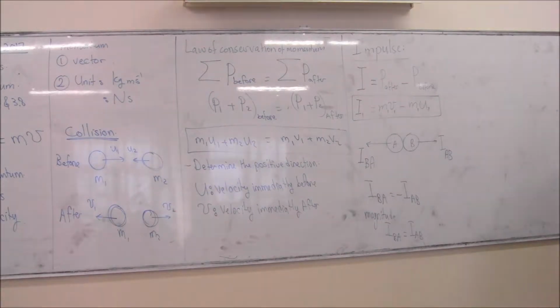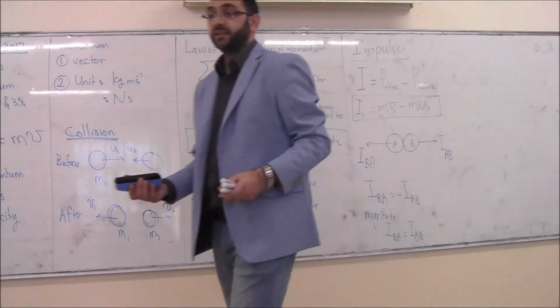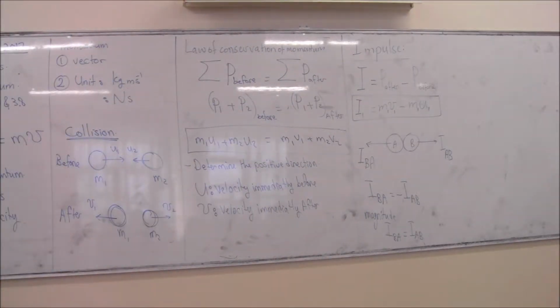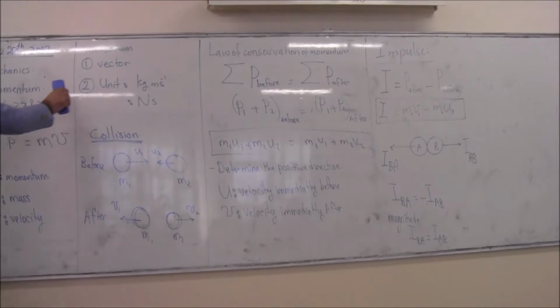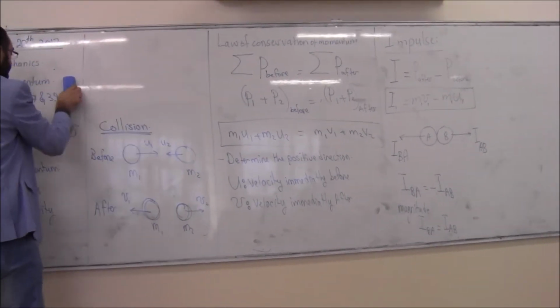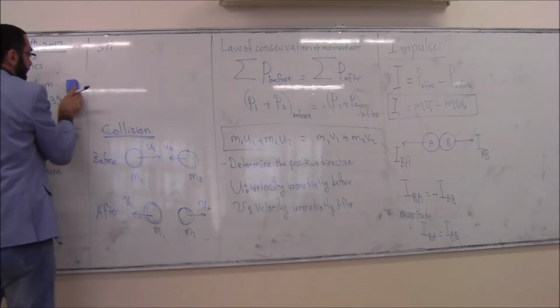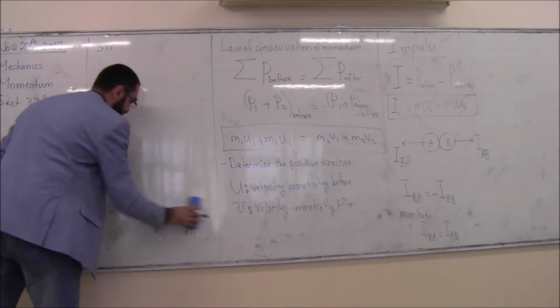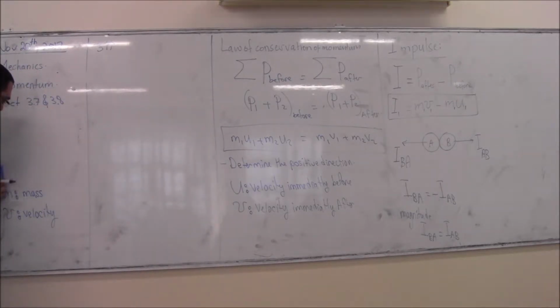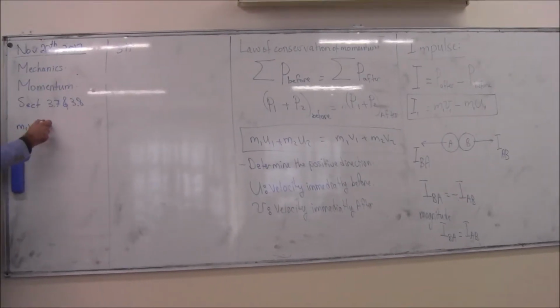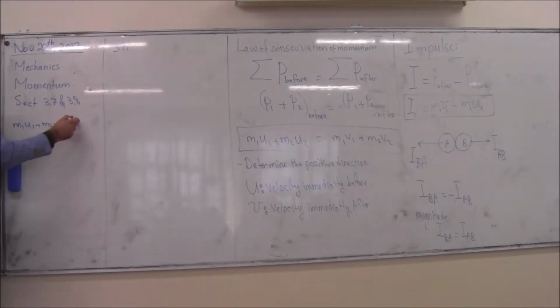Fine? So, look to exercise 3H, page 72. Mainly I will write here: M1 U1 plus M2 U2 equals M1 V1 plus M2 V2.